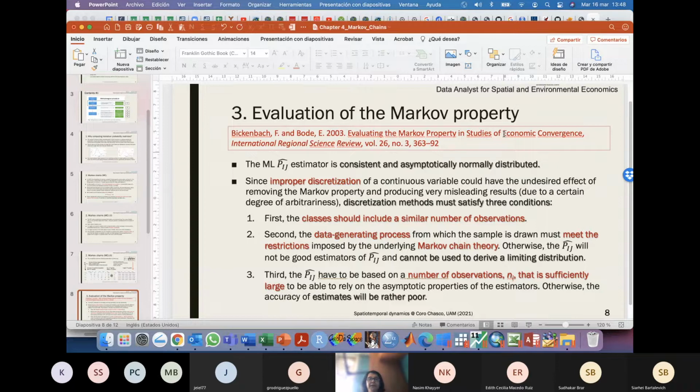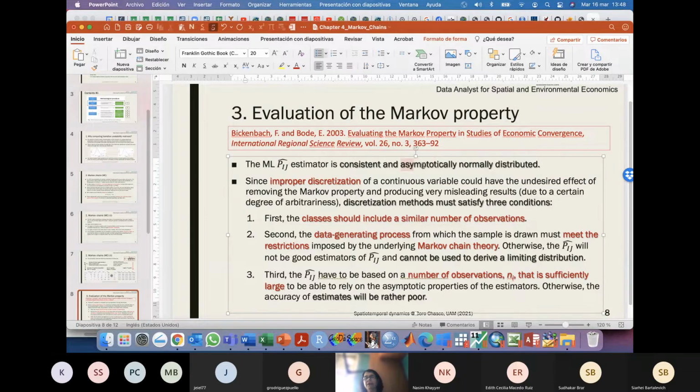Okay. Something that Bickenbach and Bode say is that the estimator is consistent, but, and this is very important, asymptotically normally distributed. Why asymptotically?